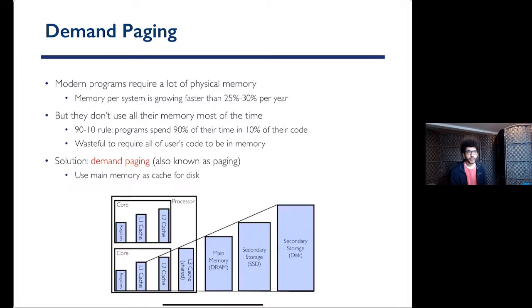So what should we do at that point? That's where demand paging comes in. Demand paging says, I am going to use my physical memory as a cache for my permanent storage.